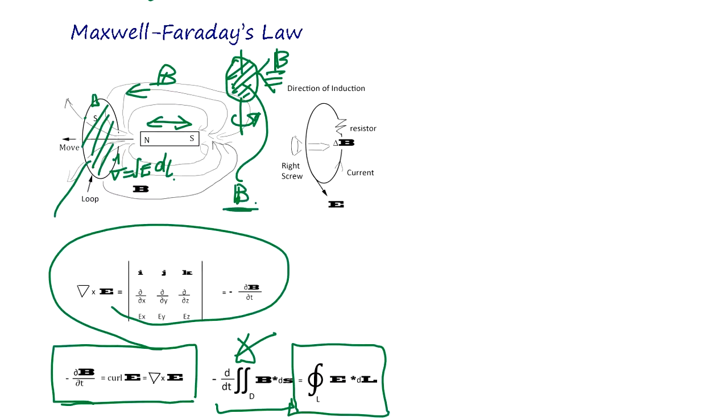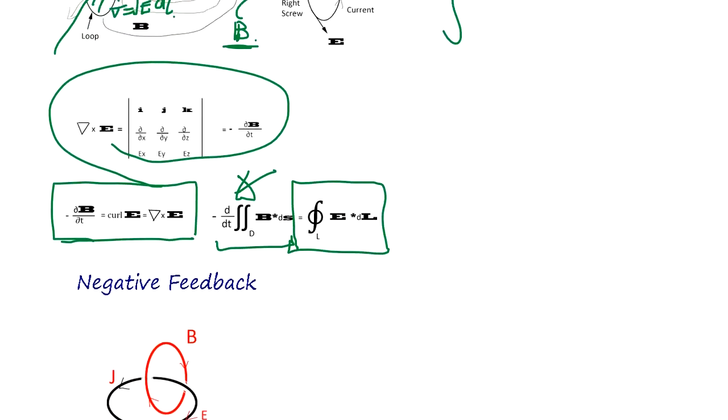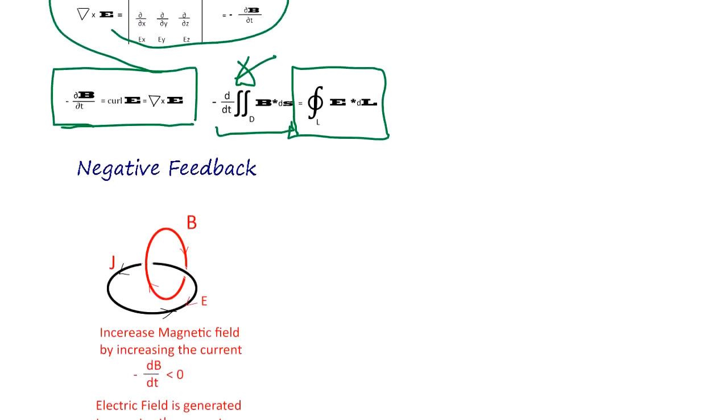When you take the integral, sometimes the conductor is moving or B is changing. You have to take both changes at the same time. Again, I made another video with the details for this Maxwell Faraday's law. I think you should review that. Look at the video.